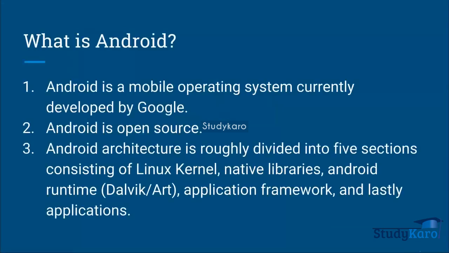And so what is Android? Well, Android is a mobile operating system currently developed by Google. Android is open source, and that open source mentality is what allows HTC, Samsung, Motorola, all these guys to take Android and modify it, and that's why we have different versions of Android running on each of those different hardware manufacturers, right?